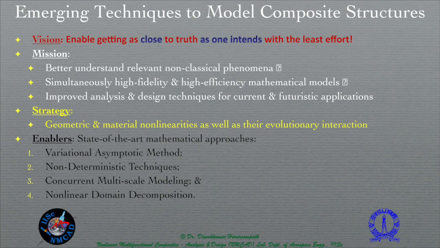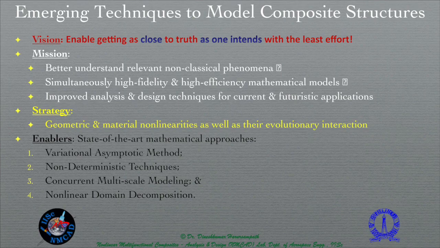Usually these are at loggerheads. If you have something which is high fidelity, it's usually something which takes a lot of time and so inefficient. If something is very efficient, maybe you can do it using a calculator or even just derive it on a piece of paper, back of a tissue maybe, but it will not be accurate. Now how do you go to the golden mean between these two?